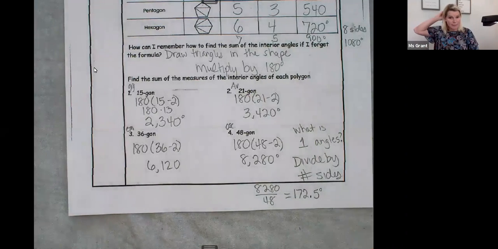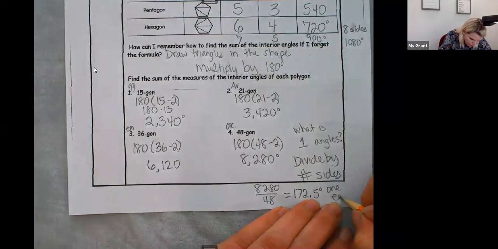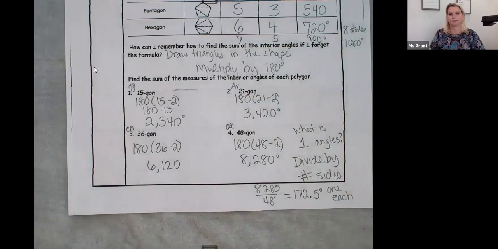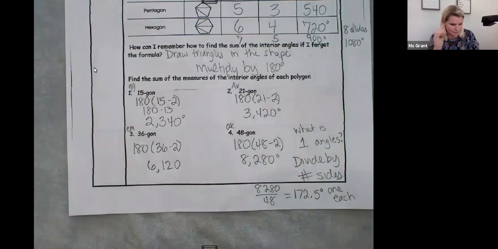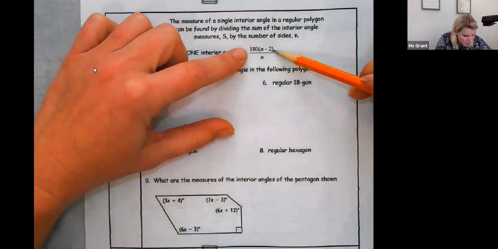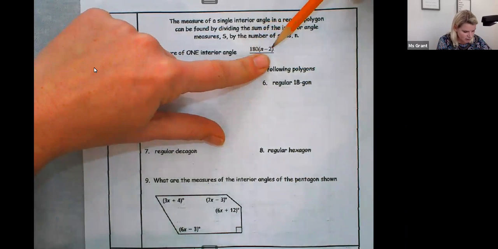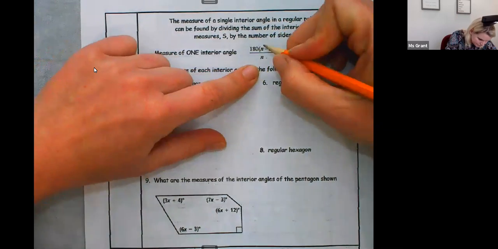That's really good because that means each angle, right? So we're good there. What we're going to do on the back side is actually find one of the angles. And check this formula out. You do the formula that we just did on the front, 180 times n minus 2 divided by how many sides there are.